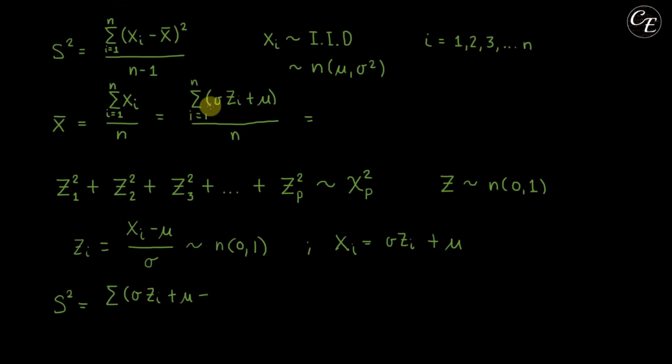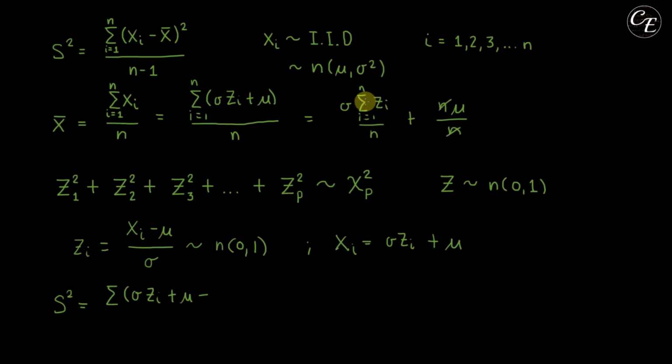Then let us distribute this summation for each term and also the over n. Since sigma is a constant, we have sigma times the summation of z sub i from i equals 1 to n over n, then plus mu, which is a constant; summing it n times gives n times mu over n. Then we can cancel out the n and n.